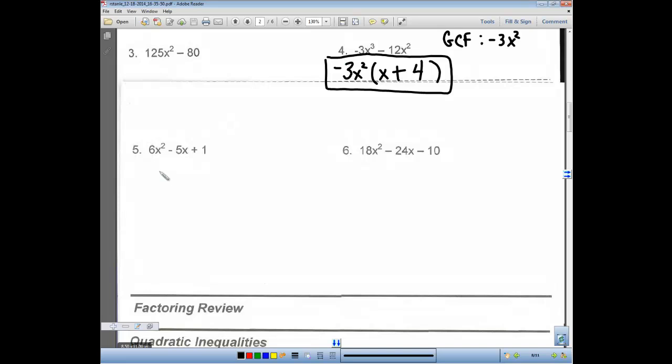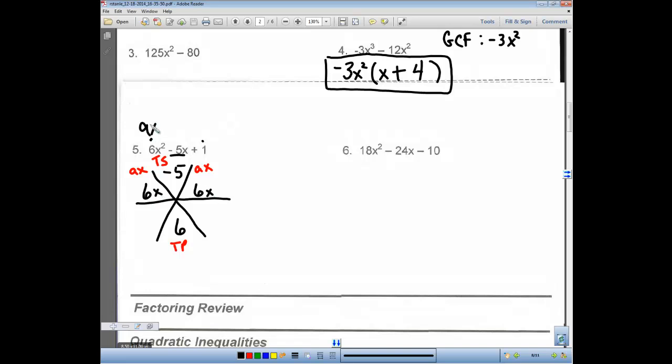Let's look at 5. Notice on this particular problem, I cannot take out a GCF because the GCF of all three of these terms is 1. So let's go ahead and do the snowflake. The target product is 6 times 1, which is 6. The target sum is negative 5. ax is 6x.